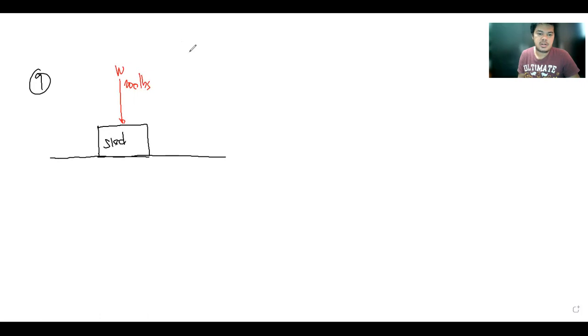As per the problem, there is a force being applied that makes an angle of 30 degrees with respect to the horizontal. It's not the surface that makes 30 degrees, but the applied force. The applied force is equal to 100 pounds.